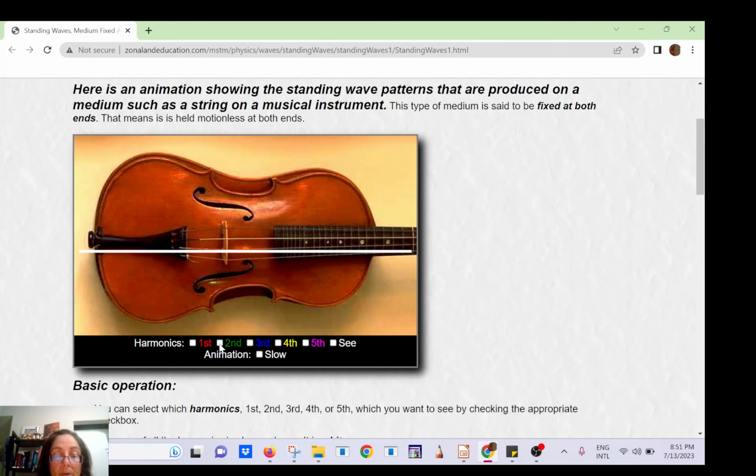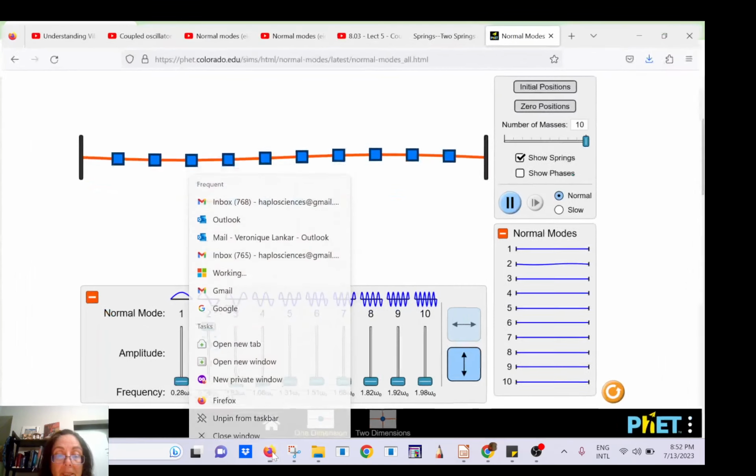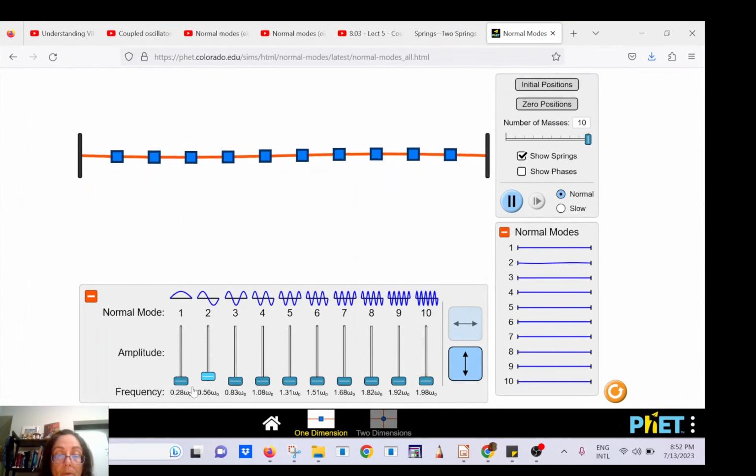Then you can have the third harmonic, right? So we have 1, 2 nodes. I mean, actually, this is also a node, it's not moving. So 1, 2, 3, 4 nodes. Those points are not moving. That will be the third harmonic, or the third normal mode, right? And again, if I go back to my simulation here, I have the third one.